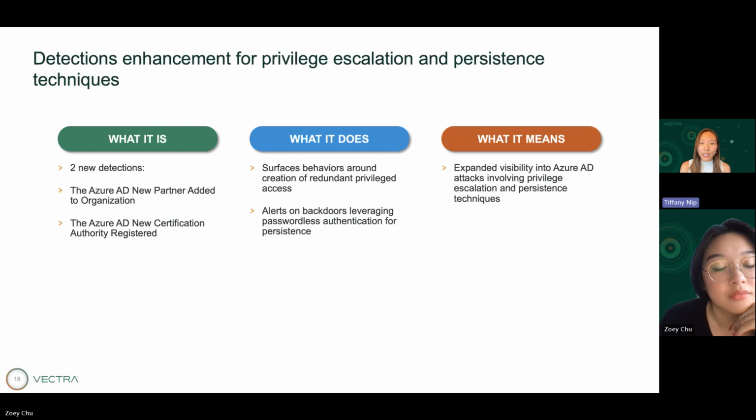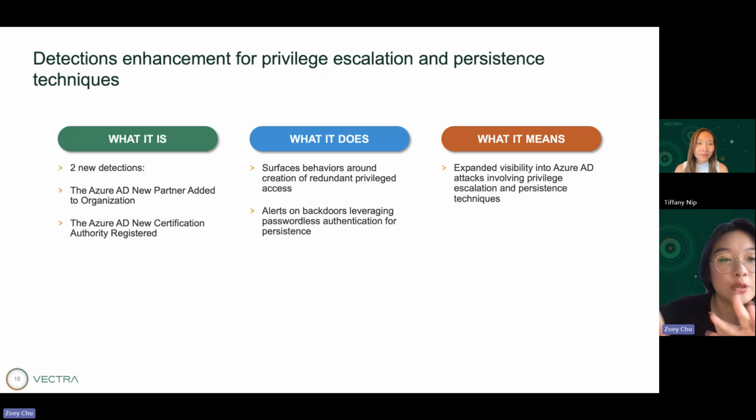And then the second new detection is called Azure AD New Certification Authority Registered. It basically alerts on backdoors leveraging passwordless authentication for persistence. Both of them help expand the visibility into Azure AD attacks involving privilege escalation and persistence techniques. So really helping faster detection of lateral movement and, again, stopping identity attacks early.